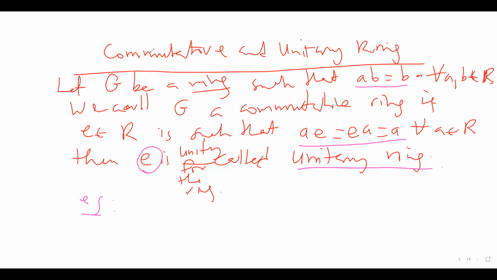Example: you can have Z, the integers, or also the rationals, which are commutative rings with unity 1.